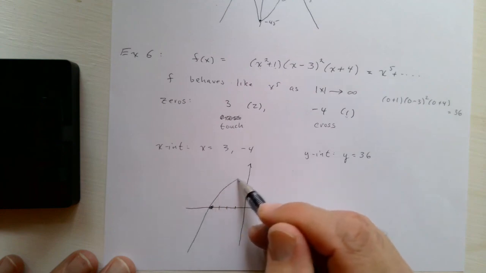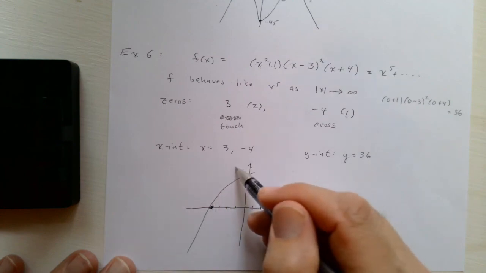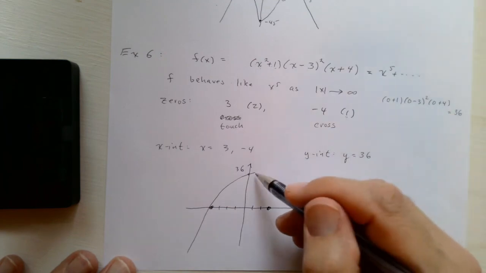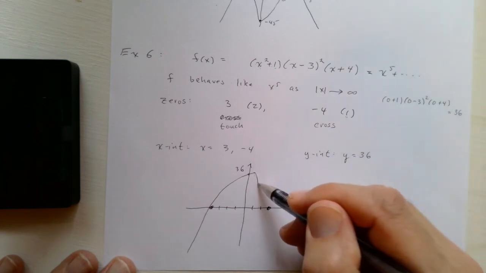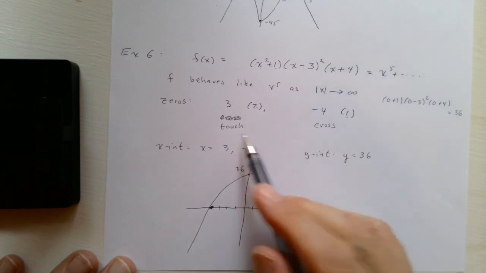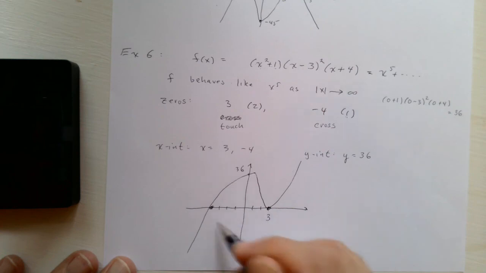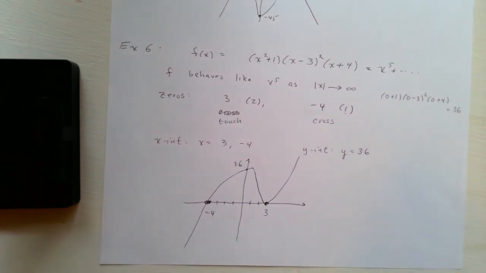And then we hit the y-axis at 36. At some point we're going to turn around and come down to 3, but at 3 we're touching, and so we're shooting up again. All right. So that's what we have.